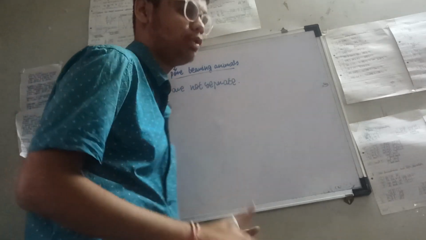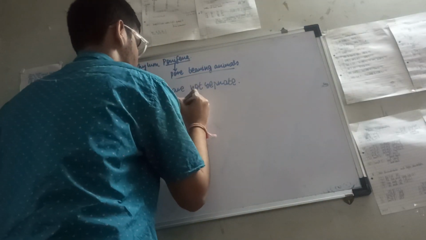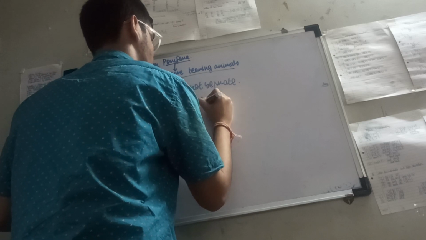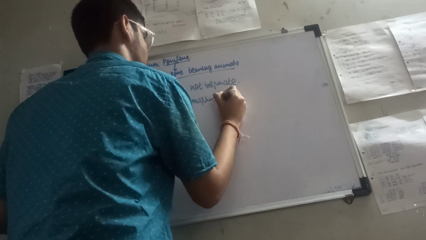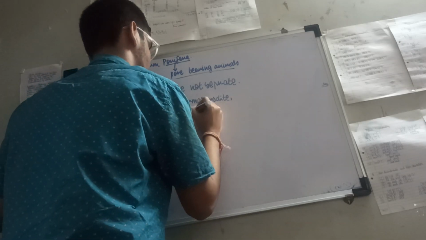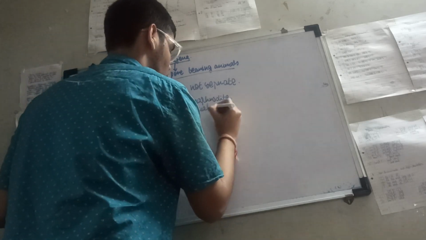Many terms here: hermaphrodite, bisexual. One more term: monoecious.